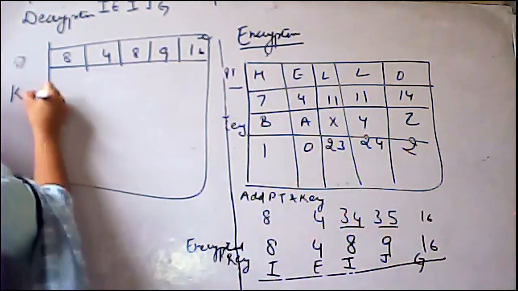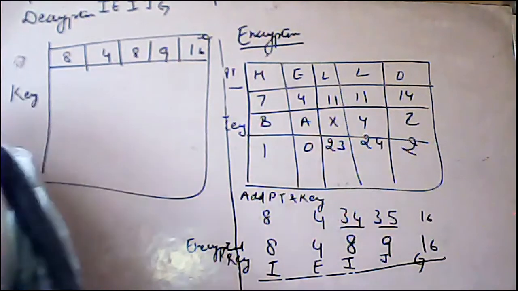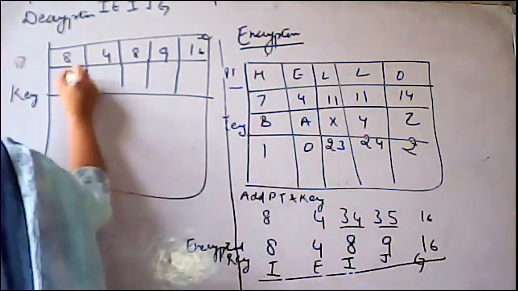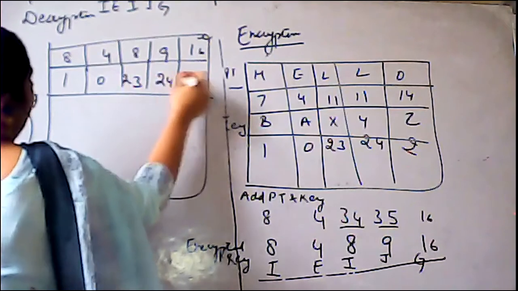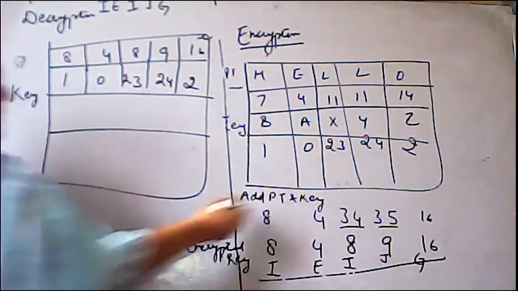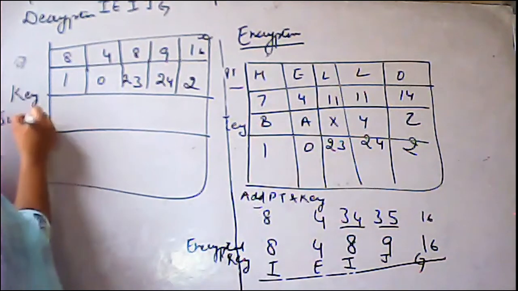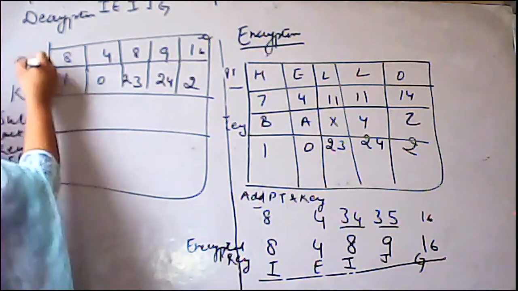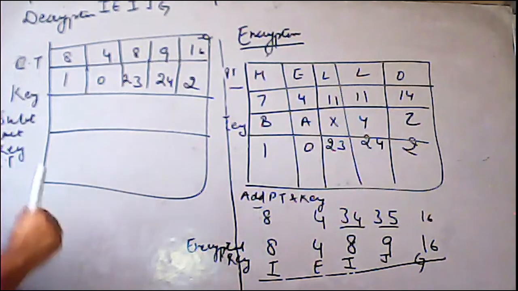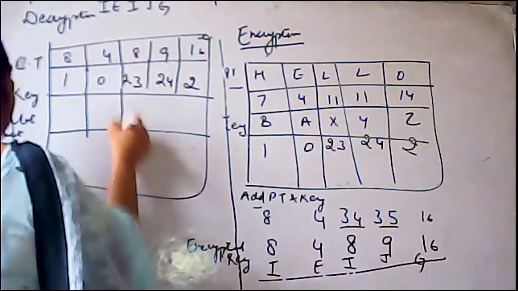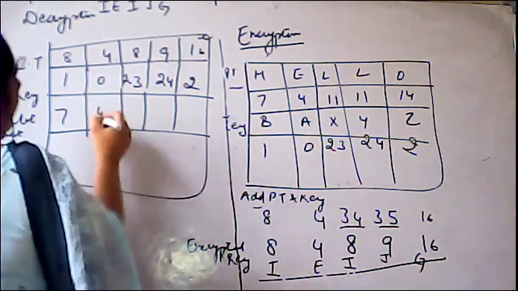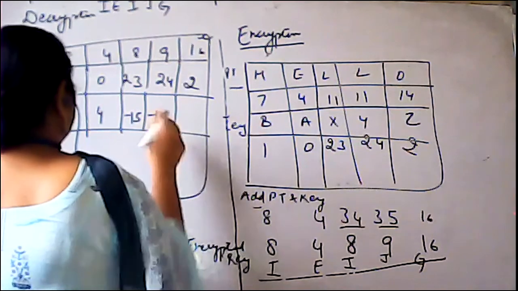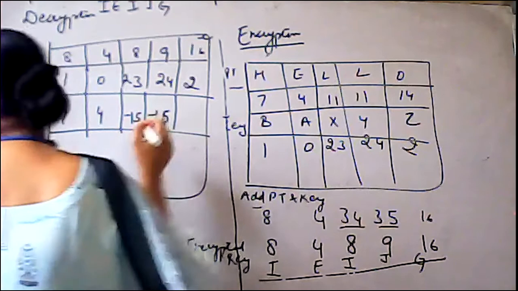Then write down the key. The key will remain the same: 1, 0, 23, 24, and 2. Now, earlier you added PT and key. Here you will subtract it. You are going to subtract the key from the ciphertext. This is CT now. So subtract the key from the ciphertext. So you will get 7, 4, 23 minus 8. You will get minus 15, minus 14. Sorry, minus 15 and minus 16 here.